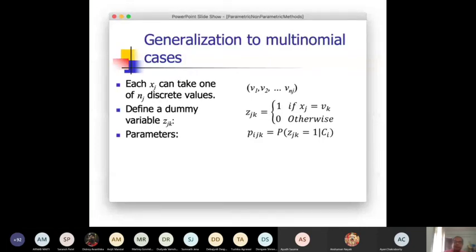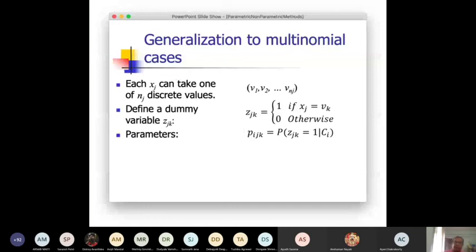So Pijk is your new parameter of the multinomial distribution. It is not Bernoulli in that sense because it is not binary valued. The extension to multinomial distributions is a simple one. It is the product of all these probabilities within that particular class.